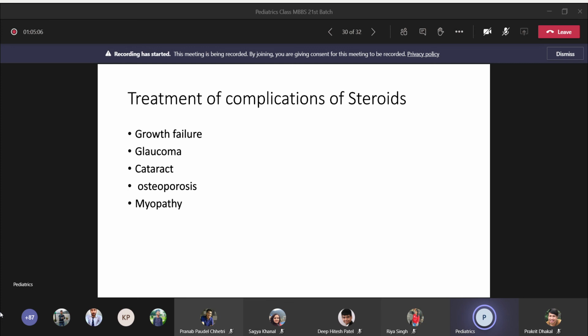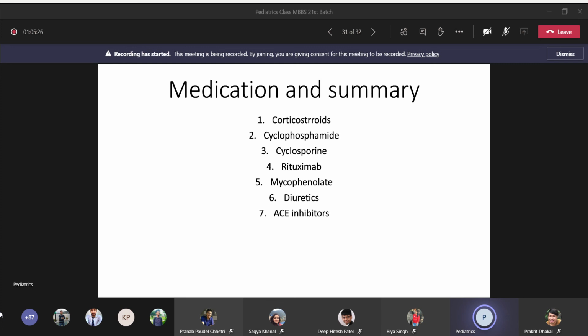For osteoporosis, you have to consult the orthopedician, or you have to give more and more vitamin D diet. Then myopathy, you have to reduce the steroid, and then you have to give some physiotherapy also. Now come to the other medications. If the patient is steroid resistant, then the corticosteroids will not respond at all.